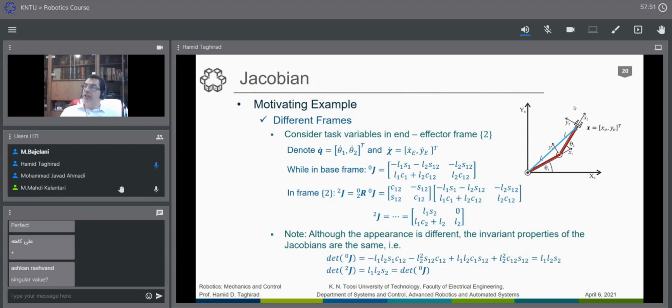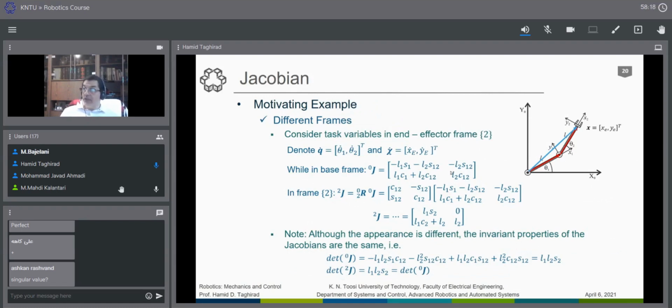This velocity vector could be represented in this frame, or in this frame, or in any frame that you want. The absolute velocity is a certain fixed velocity of this vector. You can find it by any means. We will discuss in the next section how we can find it.